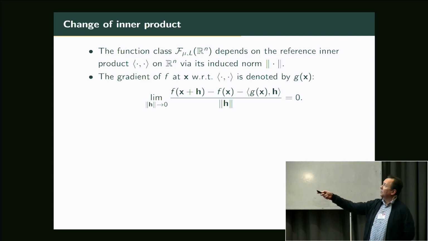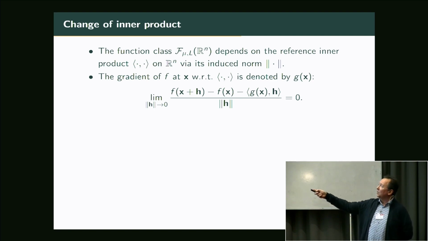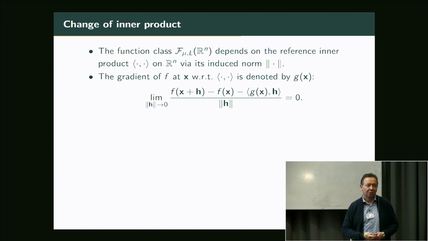Basically, this linear operator is unique in the sense that if you view this as a linear function of h, this is the unique part. But if we would change the inner product, the g of x part will have to change to make it invariant. So this is an important thing to understand.